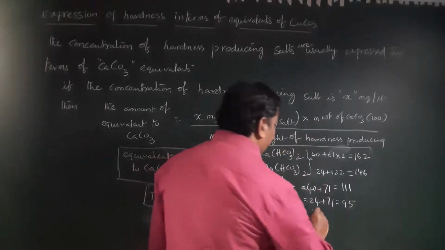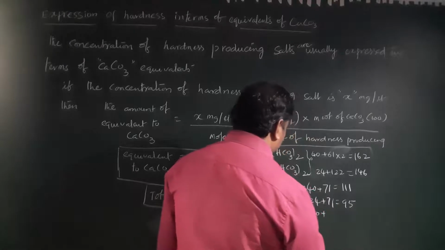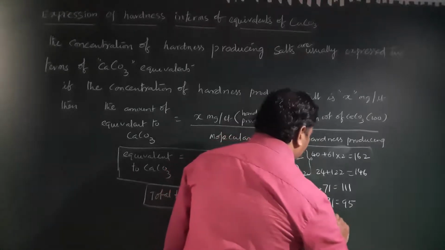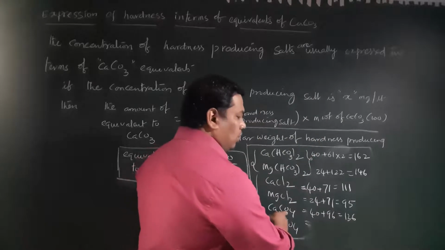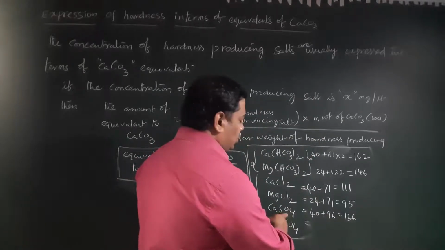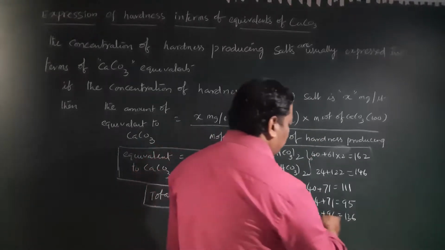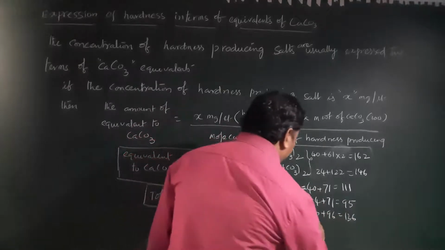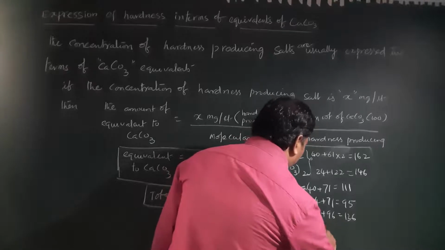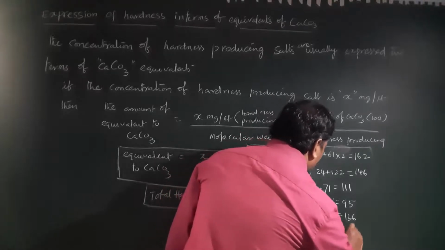So calcium 40 plus 96, that is equal to 136. Okay student, 32 plus 4 into 16, that is equal to 64 plus 32, that is equal to 96. So 40 plus 96 is equal to 136. Okay, right. Magnesium 24 plus 96, that is equal to 120.